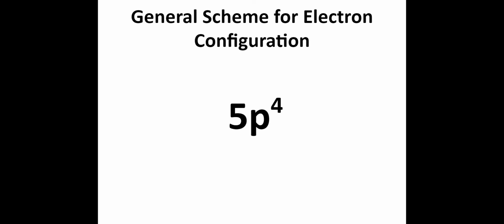This is the way that we write the electron configuration. The big number in front represents the energy level, so it can be 1, 2, 3, 4, 5, 6, or 7. Then we write the letter, always lowercase, of the subshell: S for sharp, P for principal, D for diffuse, F for fine.